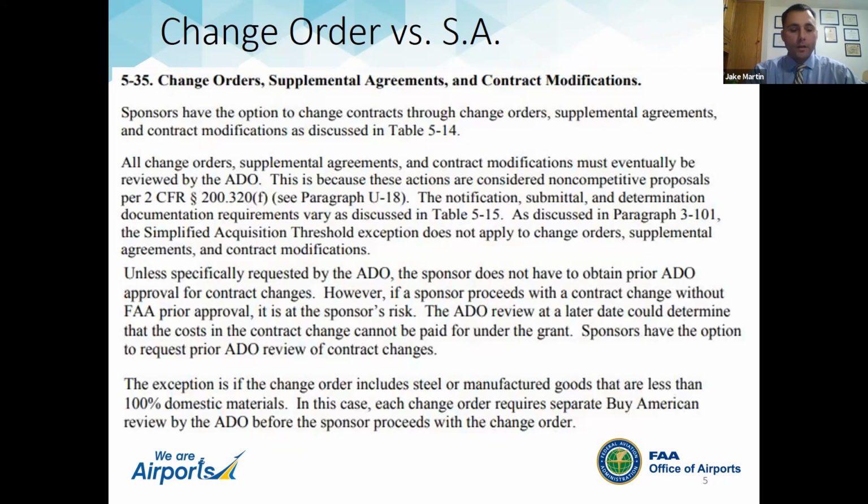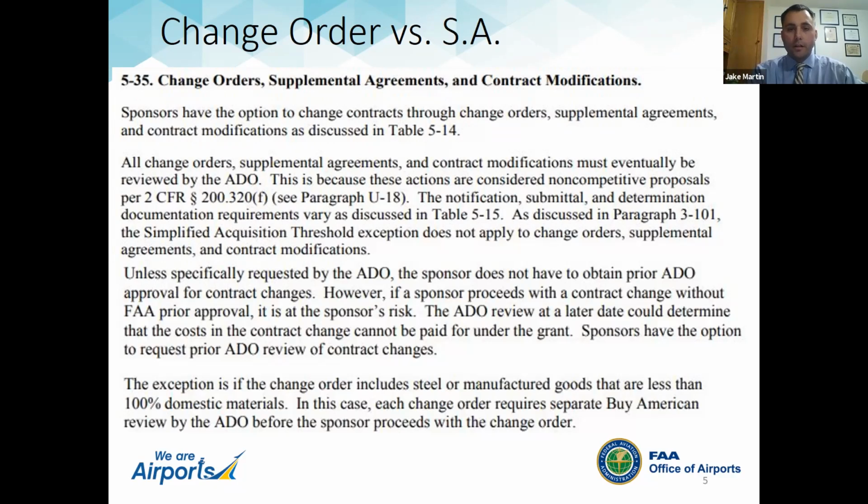Here's a snapshot of section 535 from the handbook, which describes a lot of the background on why we're looking at change orders. Remember, there's two statutes. The one statute enacts the AIP program and governs how we administer the program and fund it. But there's a separate statute that we call 2 CFR 200, and it's very important in there, which is a totally separate statute from AIP, and it governs everything in regards to procurement with federal dollars and grant programs outside of AIP.